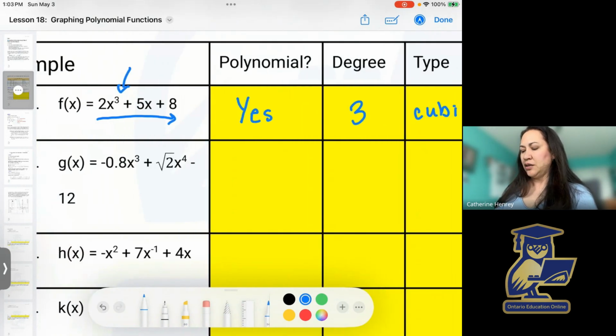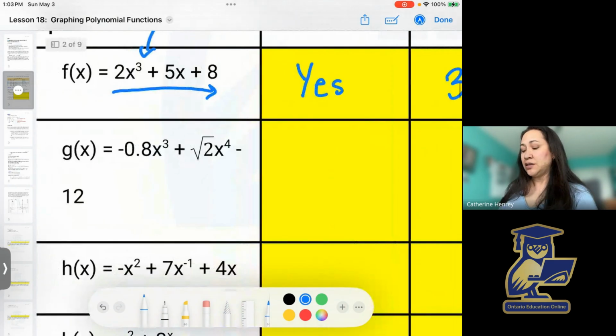So let's take a look at the function g of x. G of x equals negative 0.8 times x to the power of 3 plus the square root of 2 times x to the power of 4 minus 12. So again, a polynomial just depends on making sure that these exponents are whole numbers.